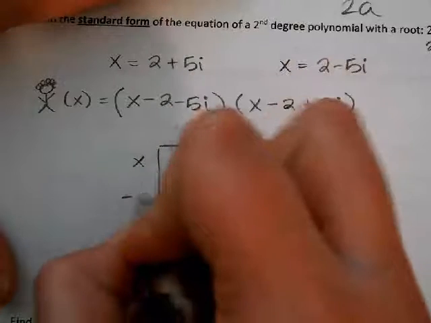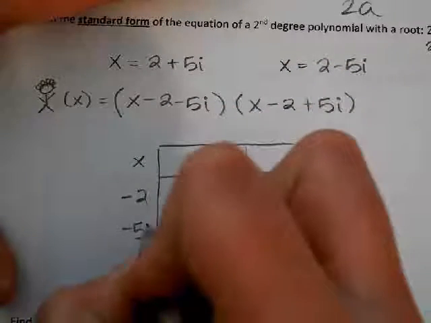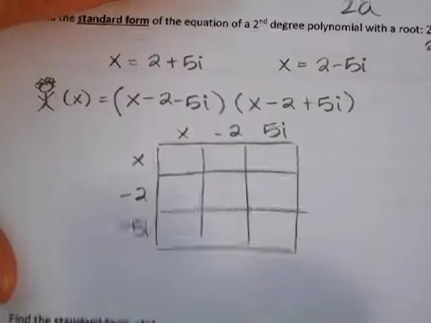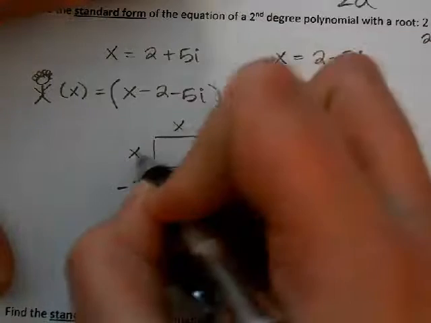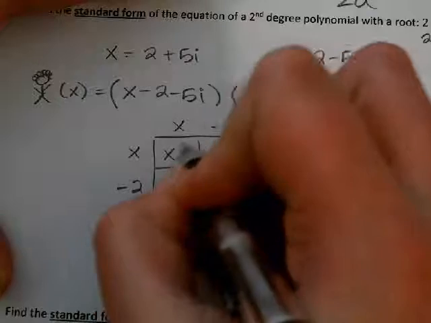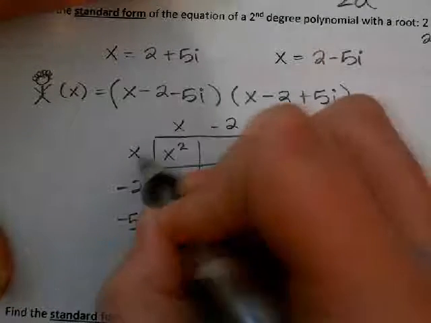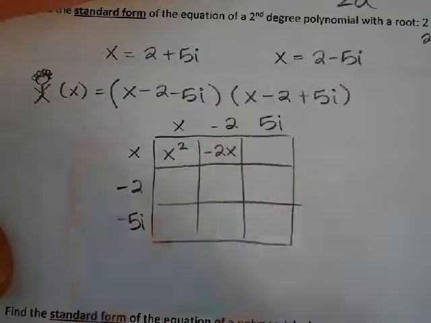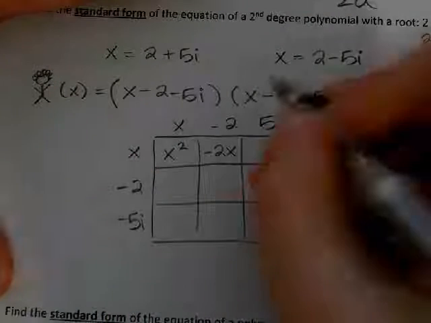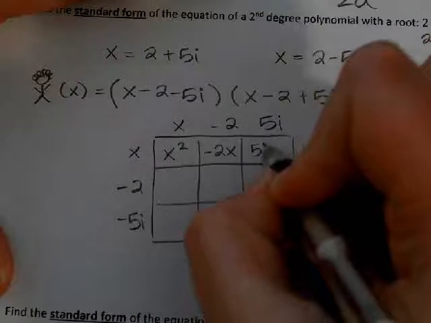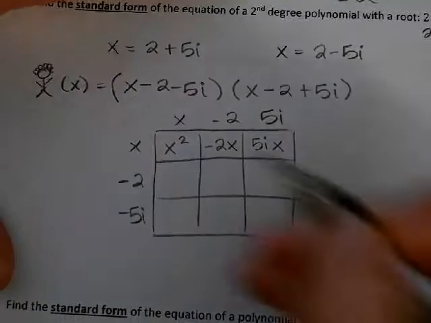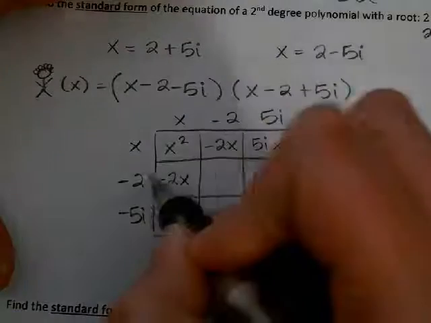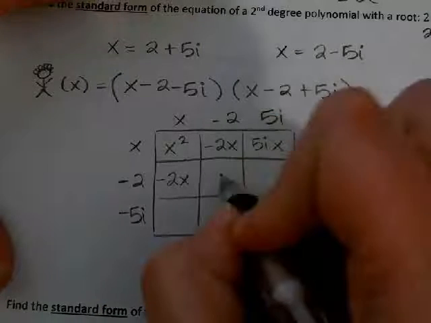I promise. All right. x times x is x squared. x times negative 2 is negative 2x. x times 5i is 5ix. Negative 2 times x is negative 2x. Negative 2 times negative 2 is 4. Negative 2 times 5i is negative 10i.